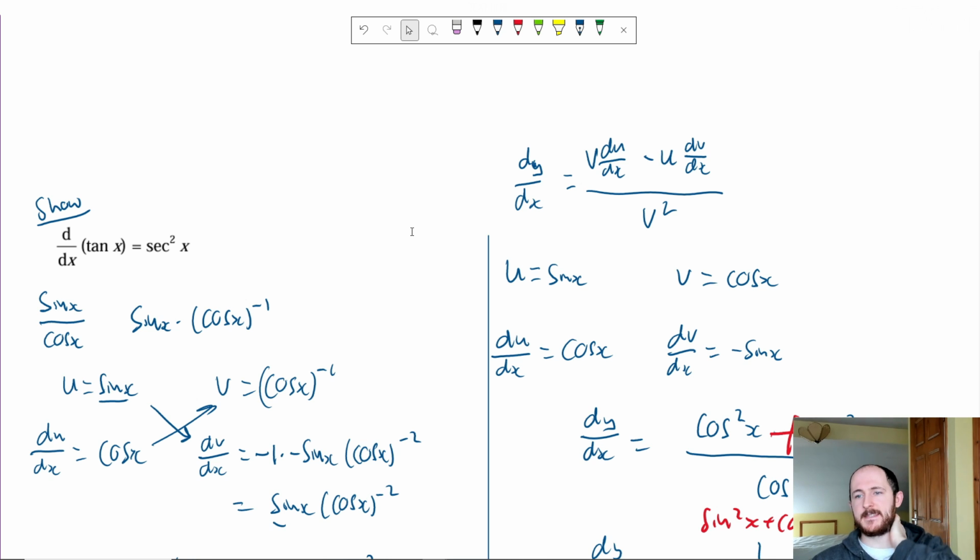And just so you're aware, back in the olden days, back when I did the A levels in the 1800s, we actually got the result that the differential of tan x is sec squared x given. Some students were rightfully complaining that year on year they give fewer and fewer differential results.